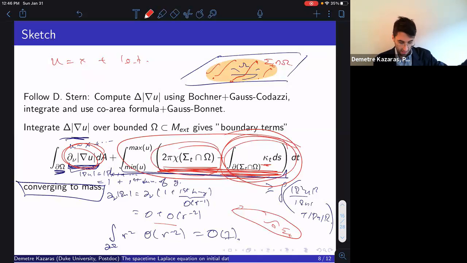The integrand had to grow at a rate of 1 over r squared, so that when you multiply by the volume form of a large sphere, you get something which is bounded and could converge to something. Okay, so a harmonic function which is asymptotically linear: this object contains information about the geometry and topology of the initial data set. Good. And more can probably be done with this.